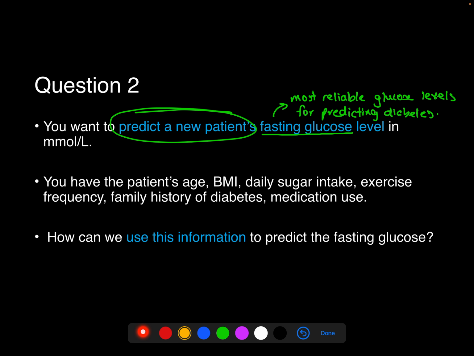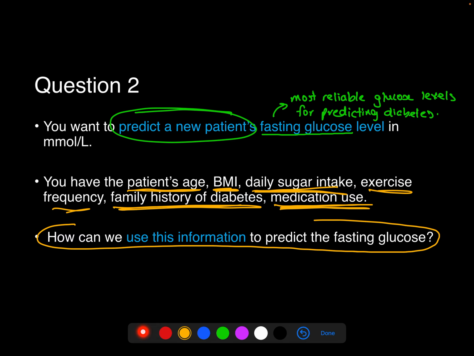What we do have is the patient's age. So all of these are risk factors for diabetes: patient's age, their BMI, their daily sugar intake, exercise frequency, family history of diabetes, and medications that they use. And the question we're answering is, how can we use this information to predict the fasting blood glucose?